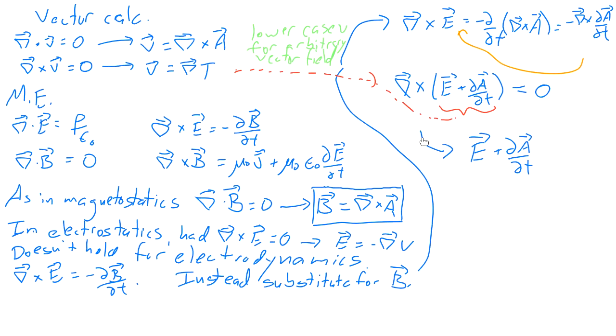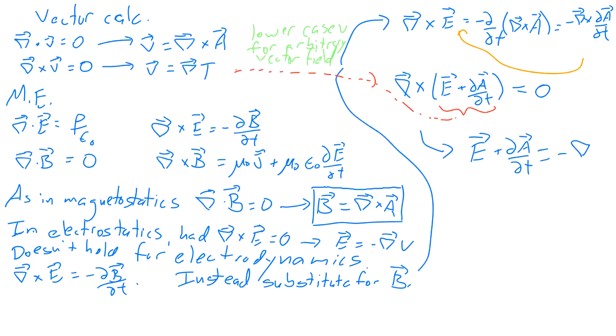The lowercase v in the upper left was our generic vector field. Same problem: V for vector, V for potential. Drives us crazy, right?